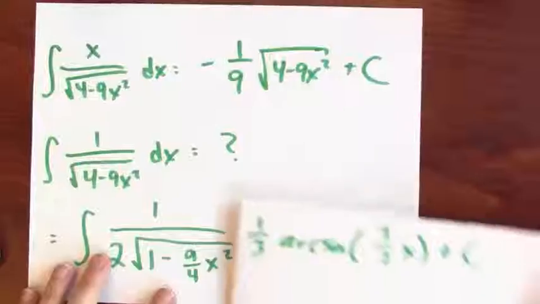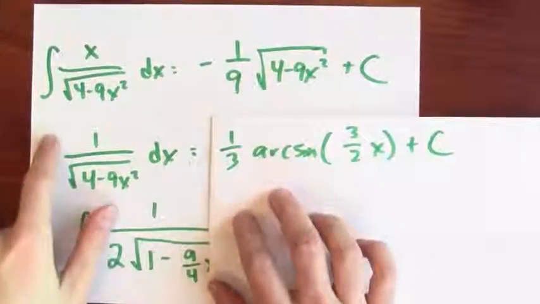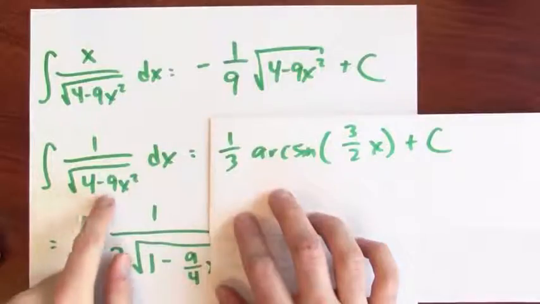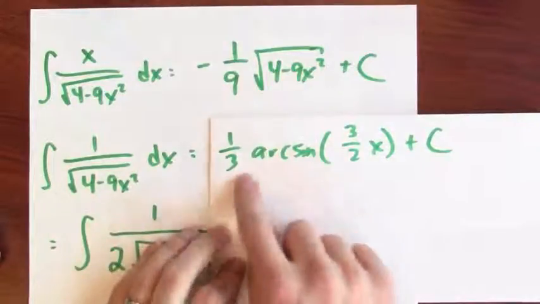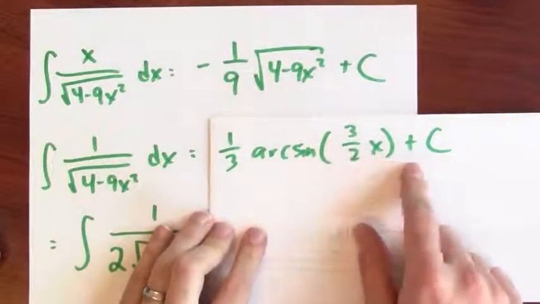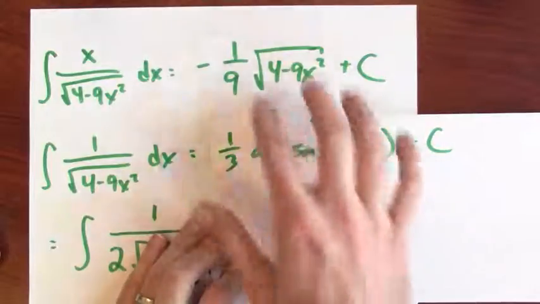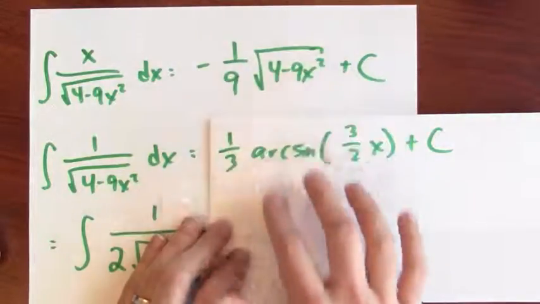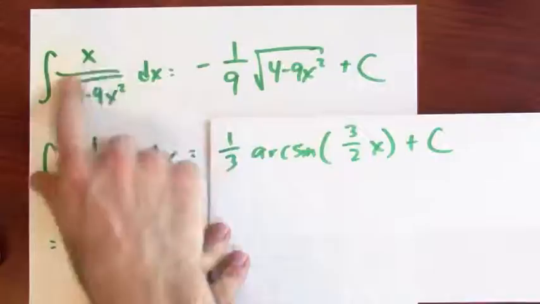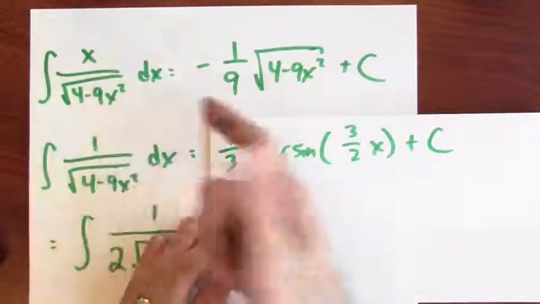Look at how different this experience was compared to that first integral that we did. We just showed that the antiderivative of 1 over the square root of 4 minus 9x squared is 1/3 the arc sine of 3/2 x plus c. And that looks totally different from antidifferentiating x over the square root of 4 minus 9x squared, right?